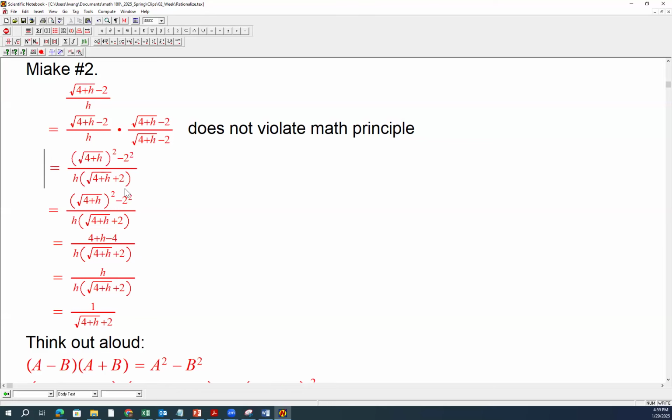The student should get -2, and this piece will no longer be true, because 4 plus h in the root minus 2, this piece multiplied by itself equals that piece being squared.